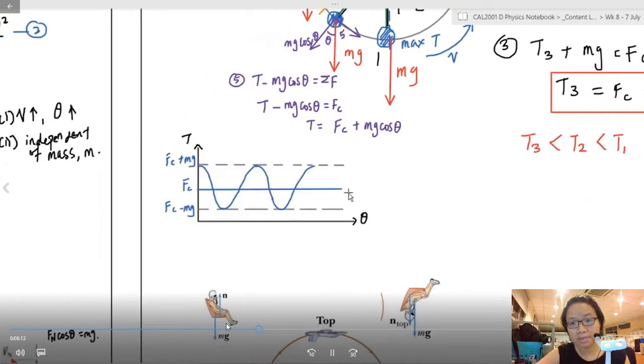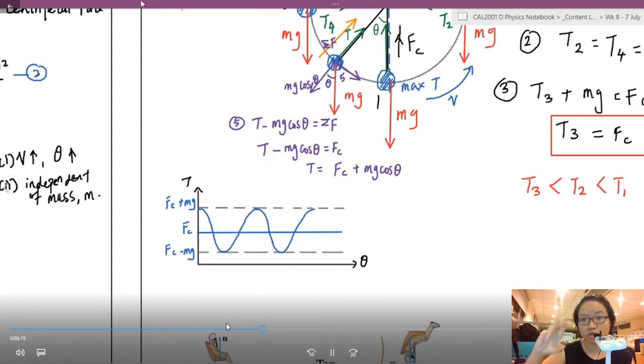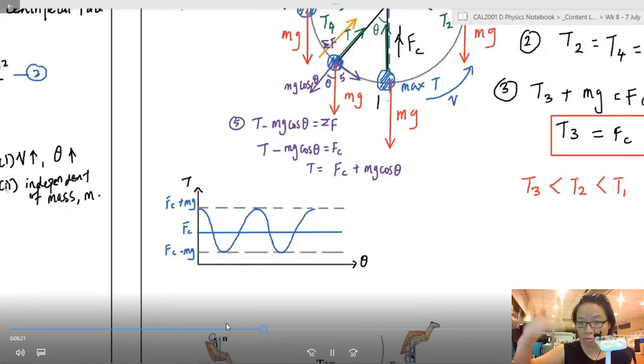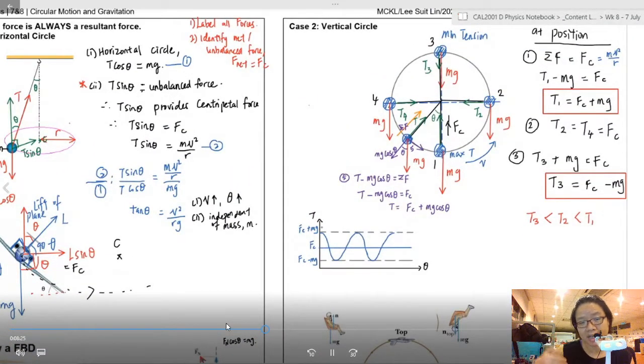Can the tension be 0? Very good question. Can. If you slow down the spin of the yo-yo, you will reach a point where the string becomes slack and then the yo-yo will not be able to keep a circular path. That is when you translate the entire graph downwards. But I think the main idea here that you should take away is there are certain positions where the tension is maximum, that is position 1, and then there's a certain position where the tension is minimum, that will be position 3.